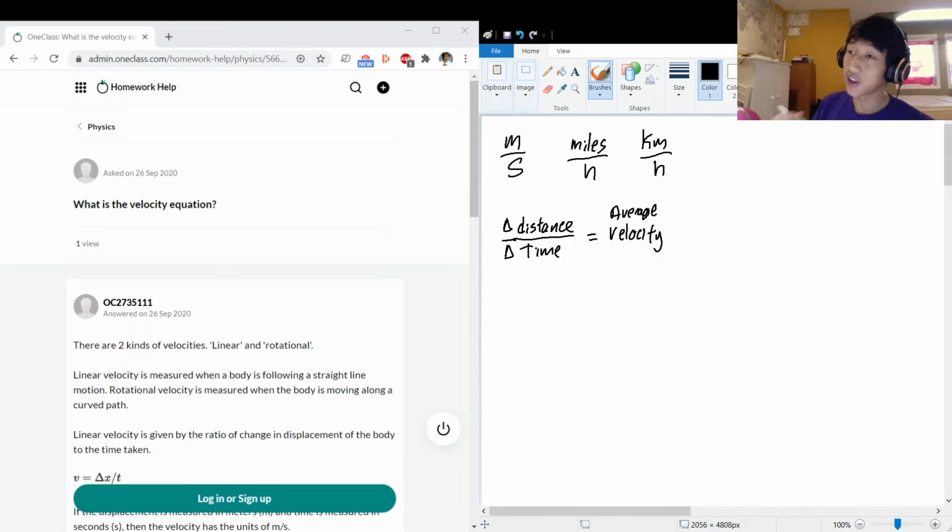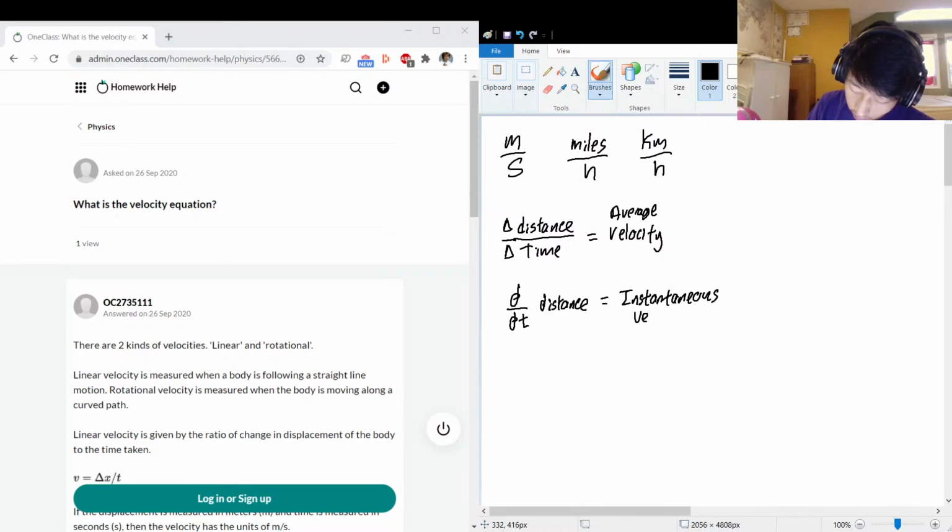So to get your instantaneous velocity, which is just your velocity at a single point in time, you're going to want to take the derivative with respect to time, d over dt, of your distance function, equals instantaneous velocity.